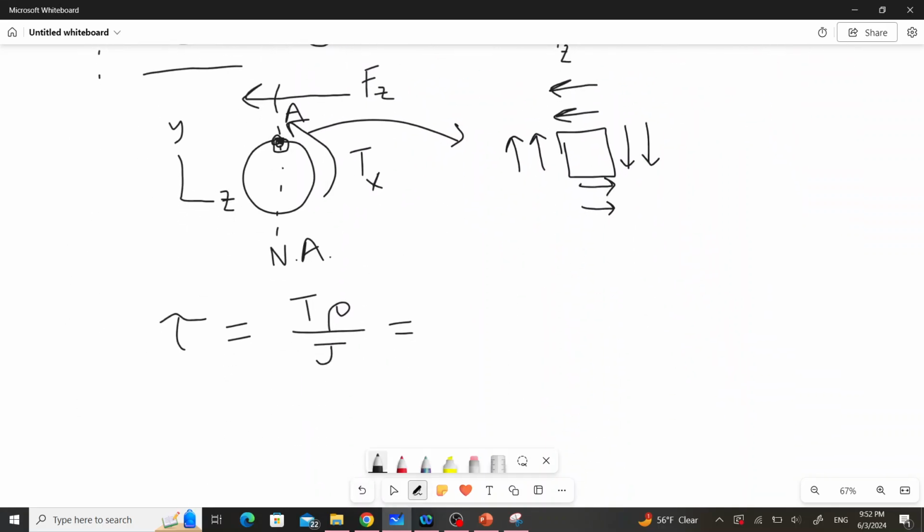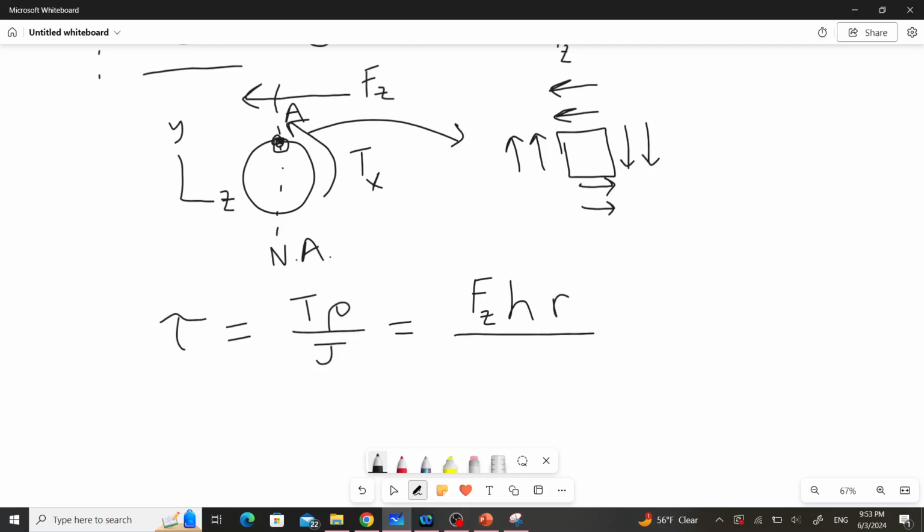So we'll plug that in for T. We know that the magnitude of T is Fz multiplied by h. The radius that we're interested in is the full radius of the circle, since we're looking at the boundary. So that's going to be equal to r.